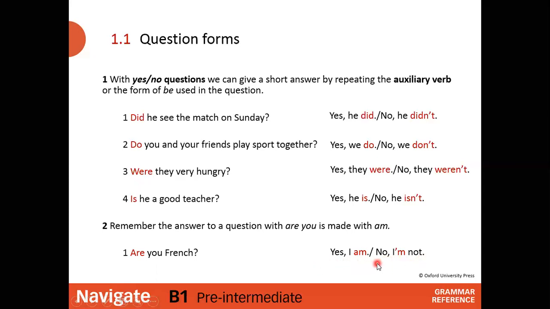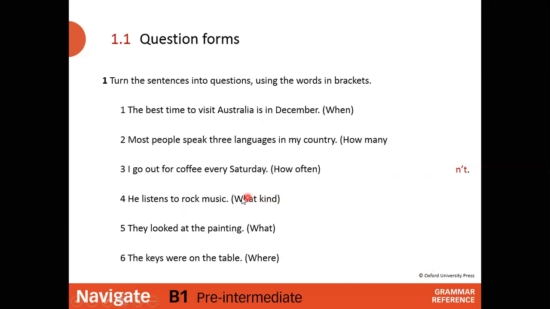I'm asking you, are you French? You say, yes, I am, if you are French. If not, you say, no, I'm not. You don't say, yes, I are. No, I aren't. No, never. You never say that. All right, I hope this slide is understandable.